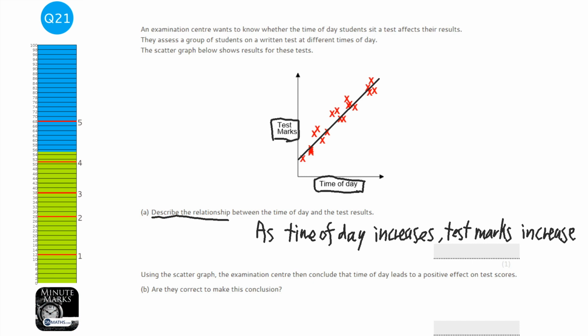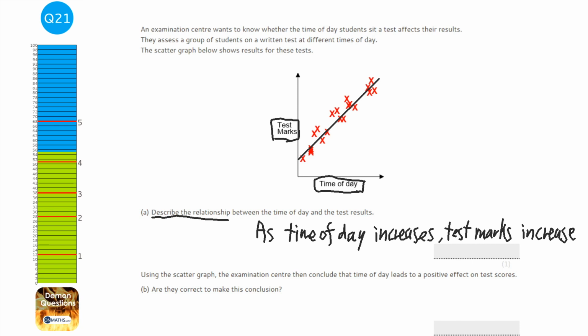So it says, using the scatter graph, the examination centre then conclude that time of day leads to positive effect on test scores. Are they correct to make this conclusion? Basically, this is a question about the fact that just because 2 things correlate does not mean that one causes the other.